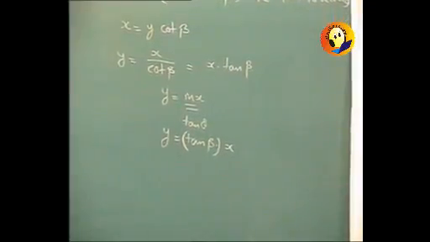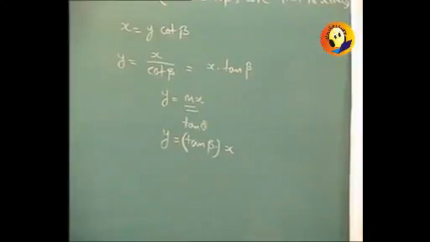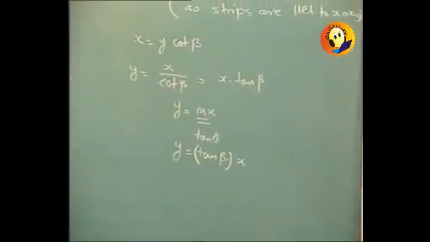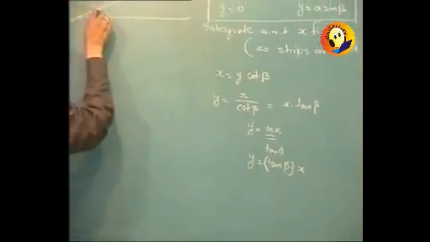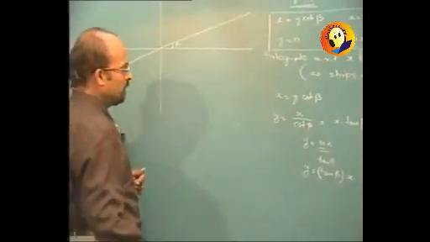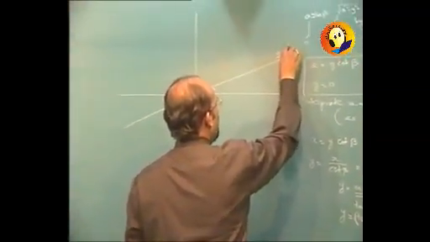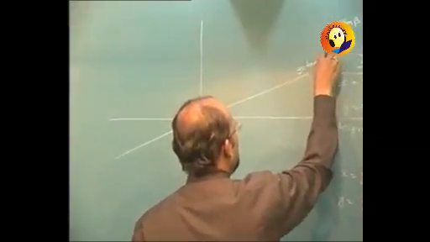So we can start with the region of integration. We will be drawing a line which makes an angle of beta with positive x direction, and this is our first line or boundary, y equal to tan beta into x.